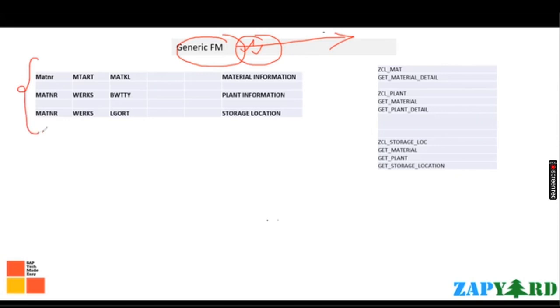So you should have only the single FM. That's why its name is generic. You should have a single FM, and the single FM should be implemented in such a way that it gives you all these three details: material detail, plant detail, and storage location detail.